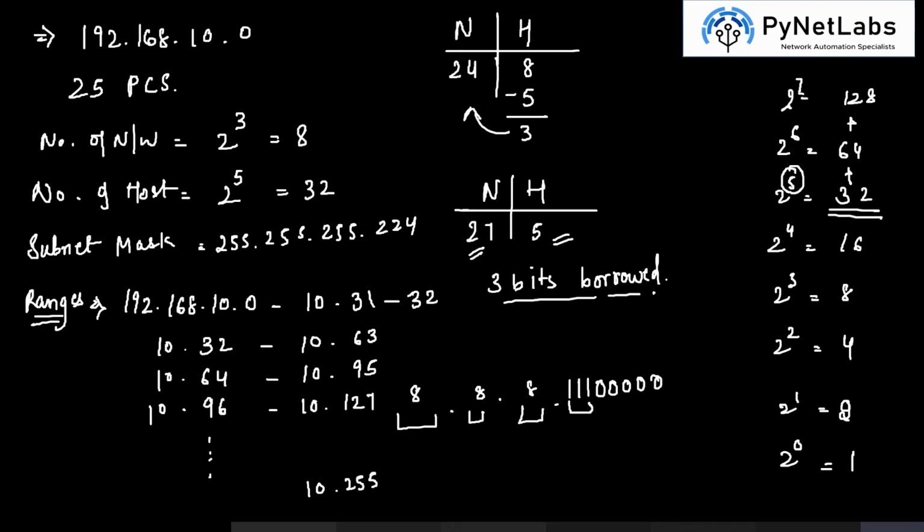Now I am quickly moving to class B IP address, and we will see how a requirement of 500 PCs can be fulfilled. So in that case, we will take an IP address of class B. You people can verify your answers.